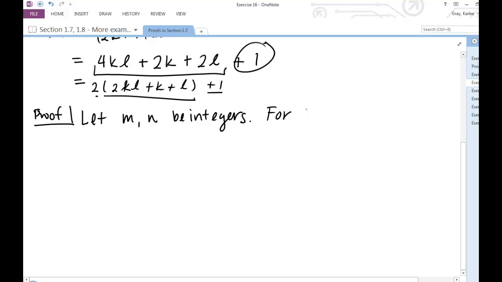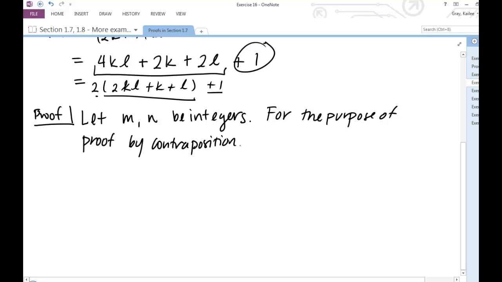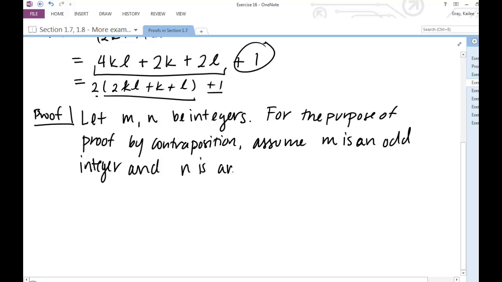For the purpose of proof by contraposition, assume m is an odd integer, and n is an odd integer.